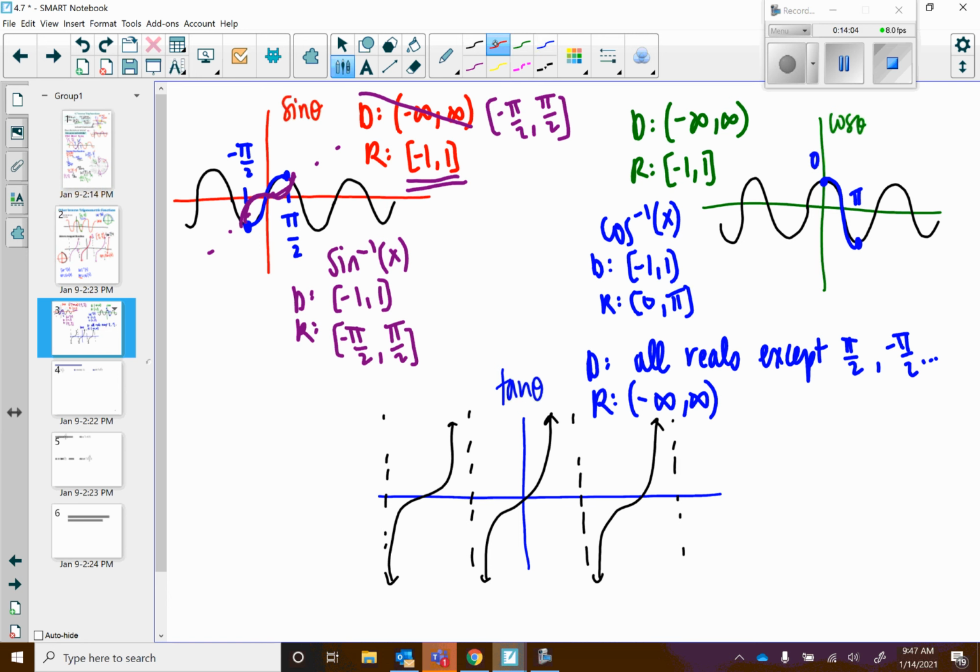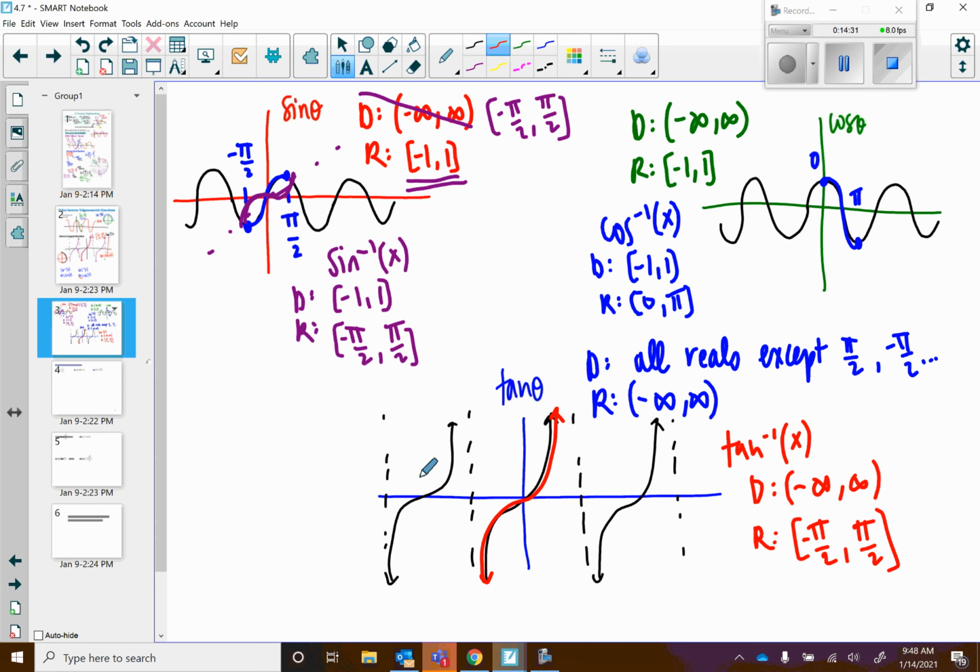And then for tangent, we keep one period. For tangent inverse, the domain is the range of the original, -infinity to +infinity, and the range is the restricted domain, so from -pi over 2 to +pi over 2.